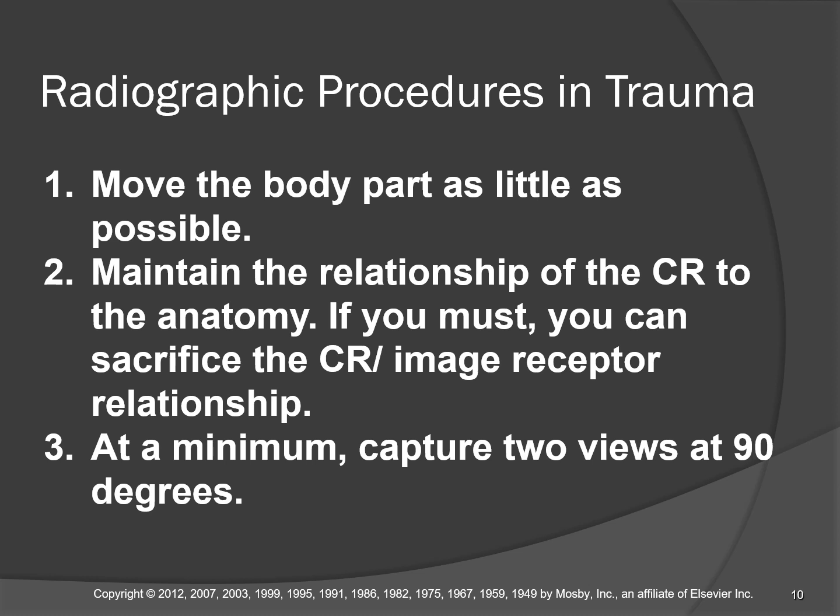Are we going to move it? Yeah, we probably are. But you should not be forcing the motion. The motion should be gentle and minimal. Maintain the relationship of the CR to the anatomy. That is, the anatomy projects onto the image receptor, but really, it's kind of like shadow puppets, remember?